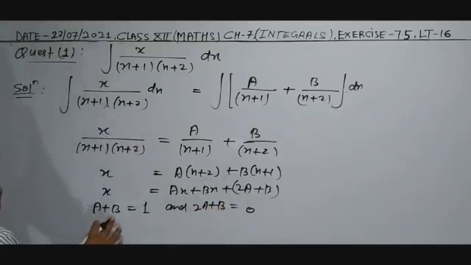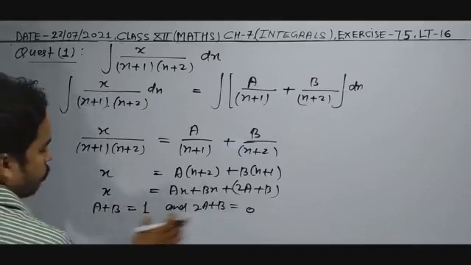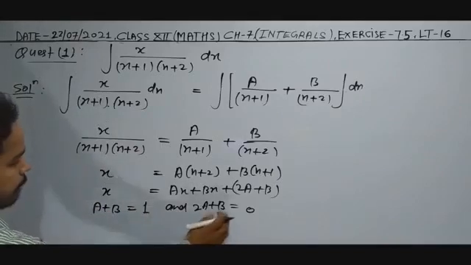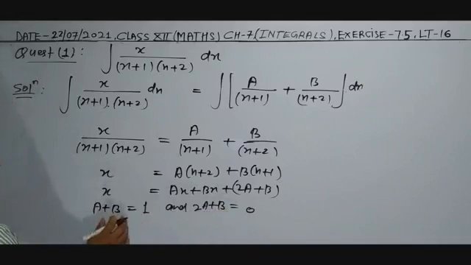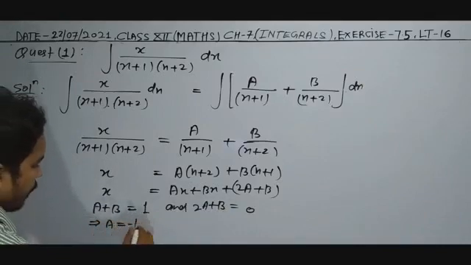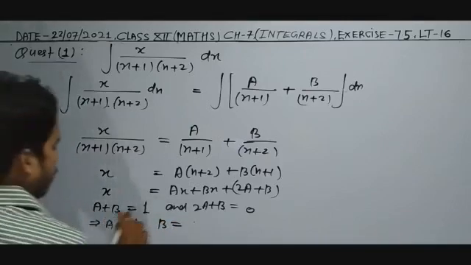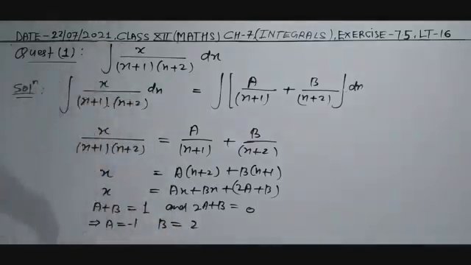I have to solve these two equations. So A plus B is equal to 1 and B is equal to minus 2A. When you put B is equal to minus 2A, minus A will be equal to 1, so A is equal to minus 1. This implies B is equal to minus 2 times minus 1, which is 2. So A is equal to minus 1 and B is equal to 2.